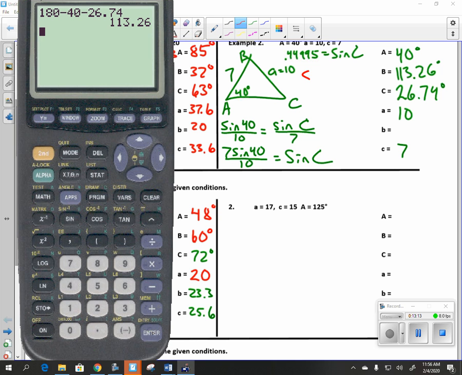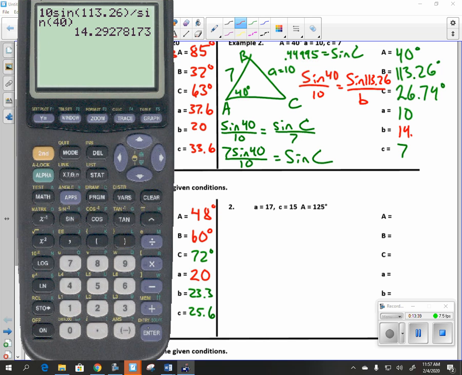You've got the sine of 40 over 10 equals the sine of 113.26 over B. So 10 sine of 113.26, close my parenthesis, and divide by the sine of 40, and I get 14.29. And that's the largest of the three sides, which I'm happy about because it has the largest angle at 113 degrees.